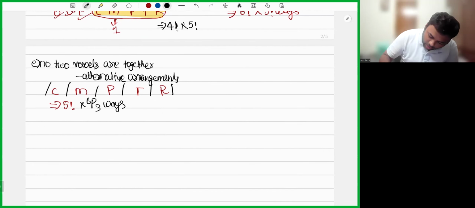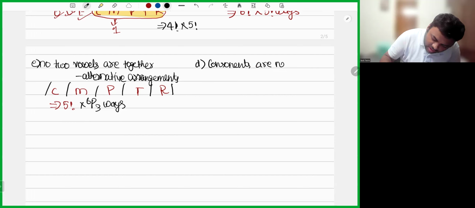Next. Point number F. Consonants are never together. Whenever he is telling consonants are never together, whenever he is using never together, be careful. They are 2 different things. Here, no 2 things are together. Here, never together.